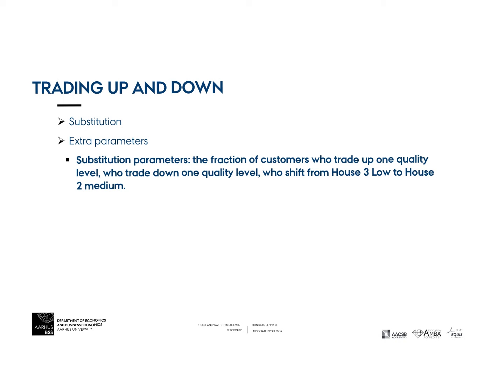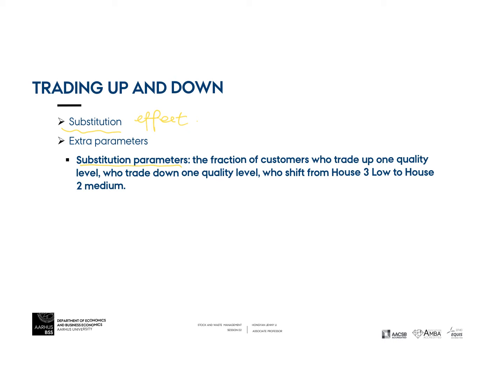Here we did not consider substitution, because the manager said they expect the low-end customers will buy up. So there must be some substitution. And in order to consider the substitution effect, we try to add extra parameters to the problem. So we define the substitution parameters.